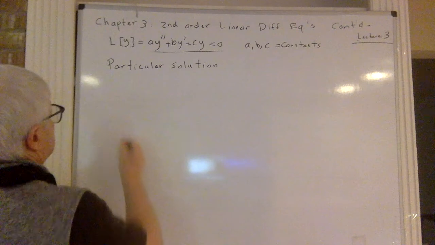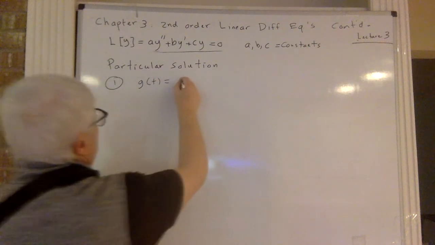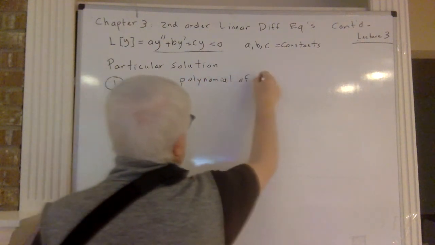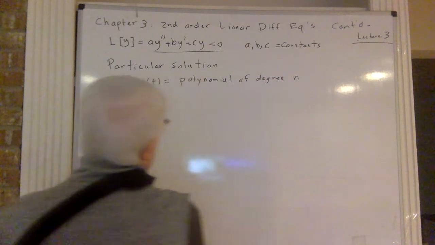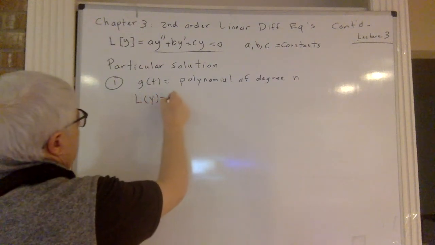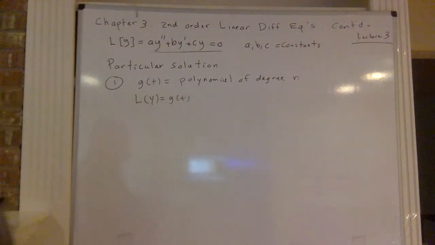So 1 is when g(t) is a polynomial of degree, let's say, n. We have Ly equals g(t). I'm not going to give the theorem, but there is a nice theorem that says if g(t) is a polynomial, then the particular solution is also a polynomial.